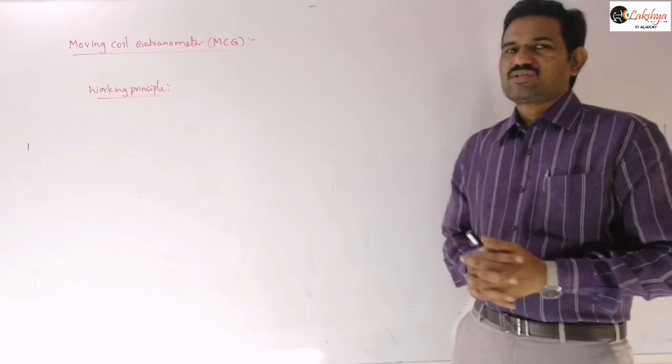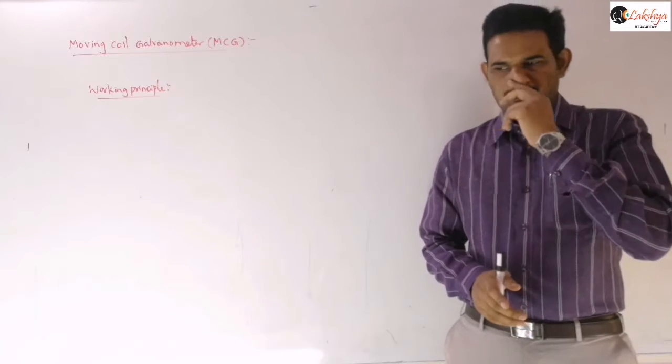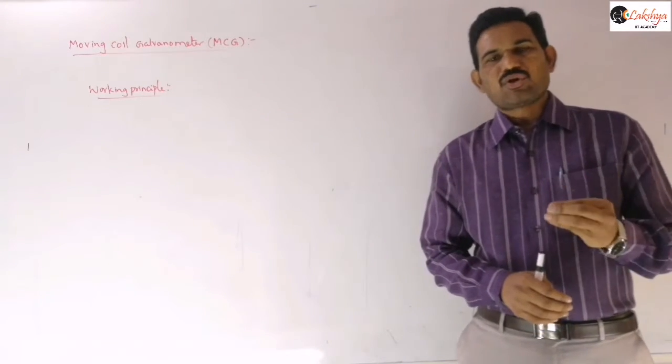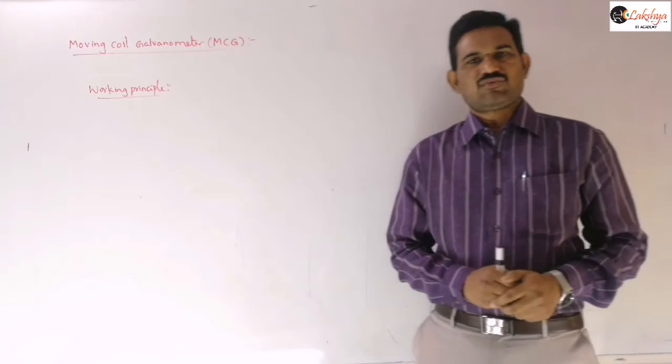And you know the uses of this galvanometer. Galvanometer is a device used to measure very small currents, and it also indicates the direction of flow of current, right?